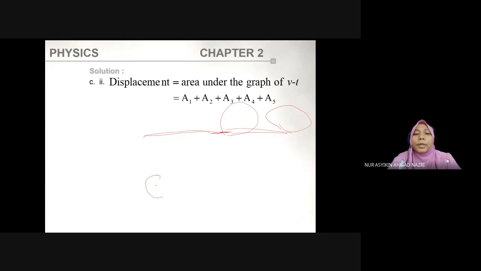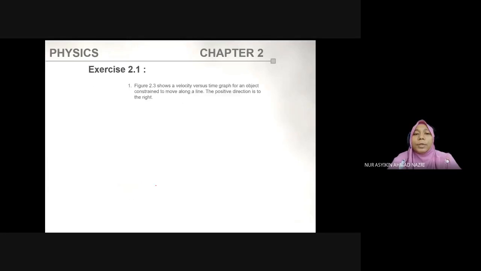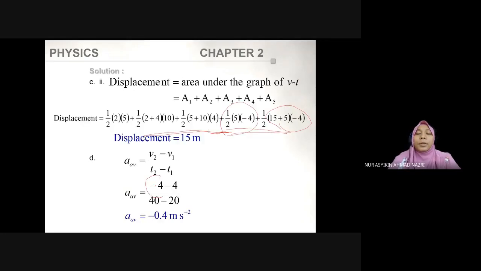So kita akan masukkan dalam equation average acceleration. So negative 4 minus 4, initial velocity kita 4. So masa ni tolakkanlah daripada 40 to 20 seconds. So you get this one. Alright.